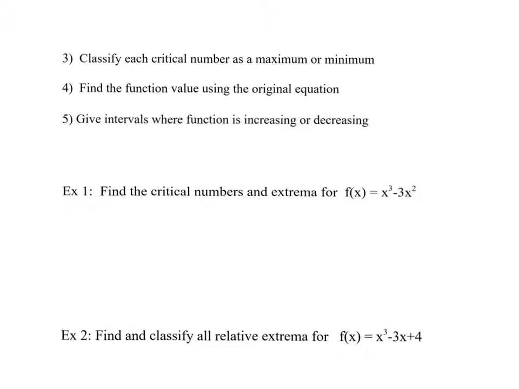So what we have just done then, using that sign analysis chart, is classified each critical number as a maximum or a minimum by looking at the derivative value before the critical number and after the critical number.